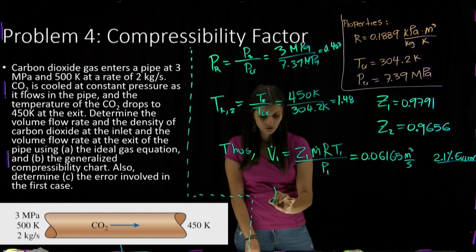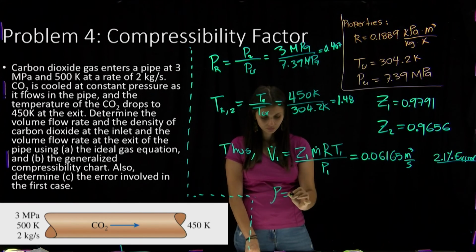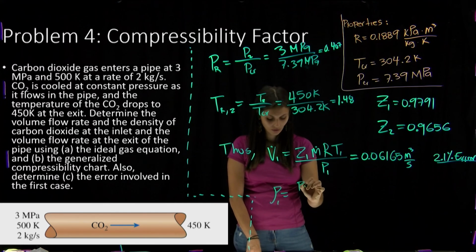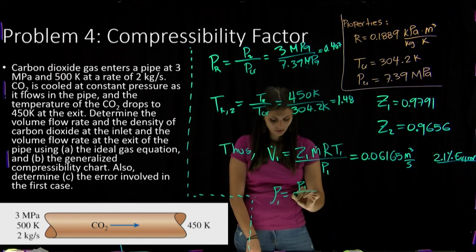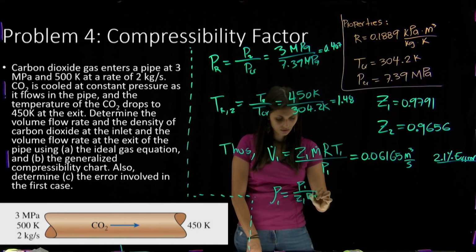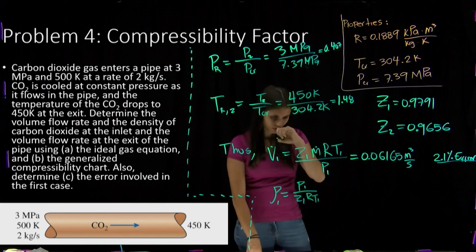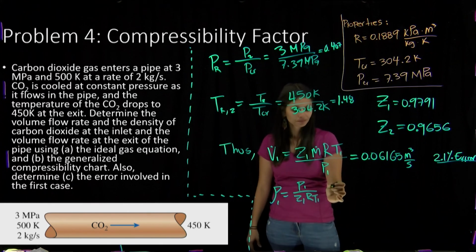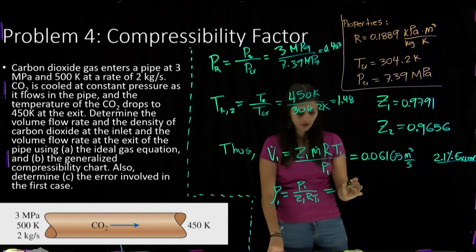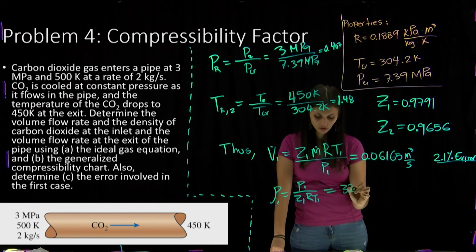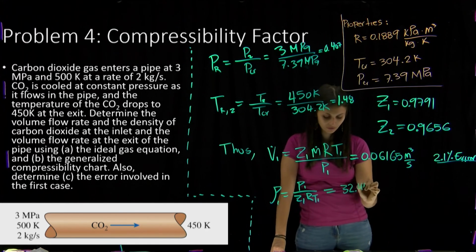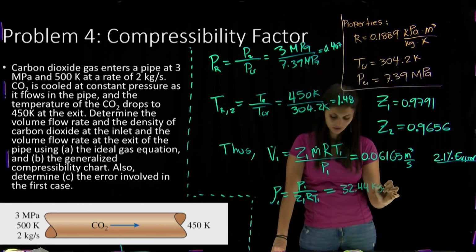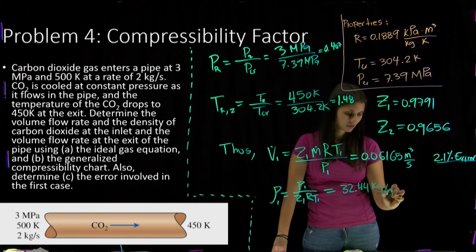Then you also want to know the density, which will be, right, and this will turn out to be 32.44 kilograms per cubic meter.